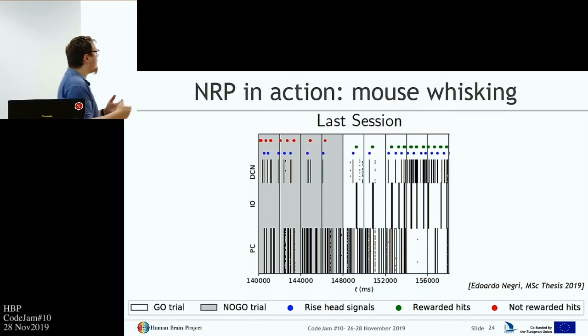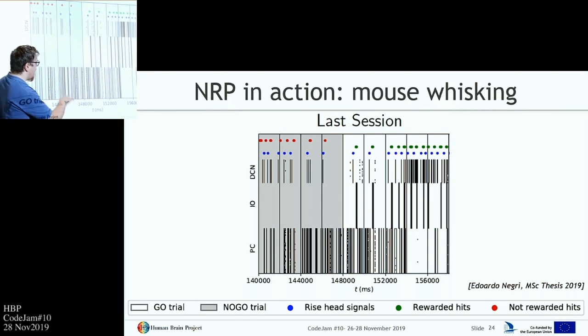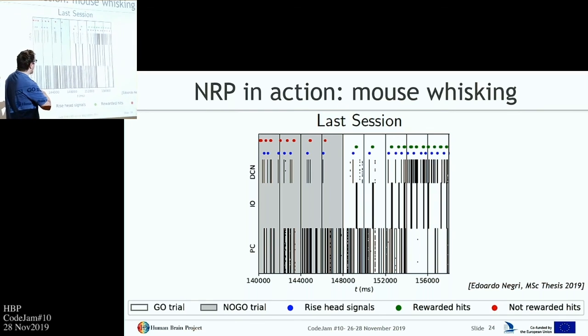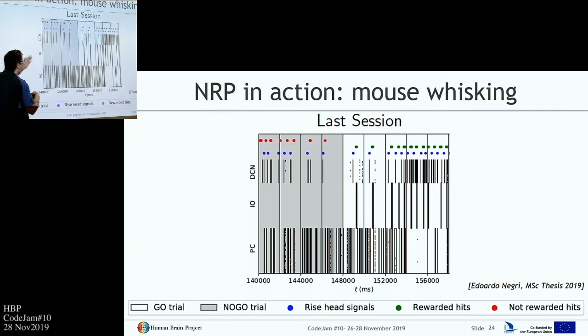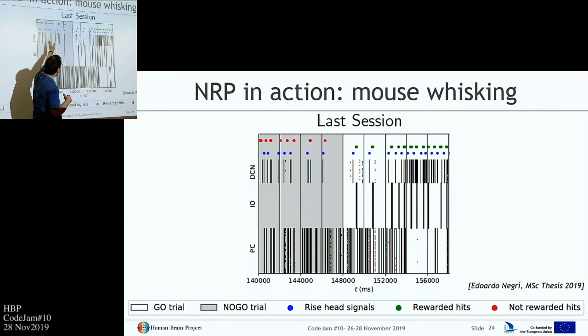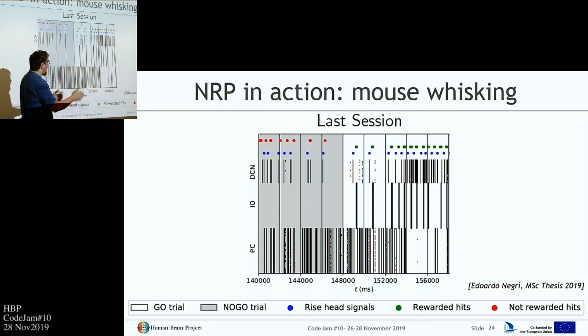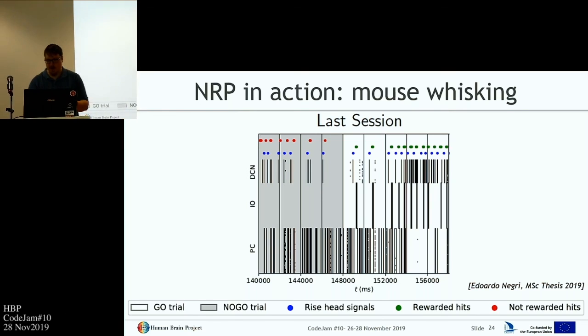But we can see that in the no-go trials at the beginning we have the movement looking for the reward where the reward is not there, and then the number of these bad responses decreases, and the number of correct responses increases with the learning.